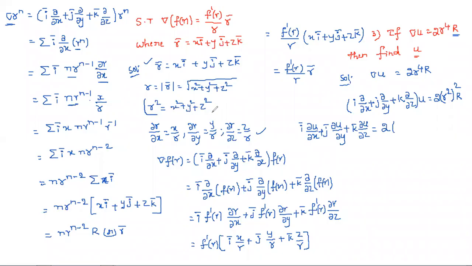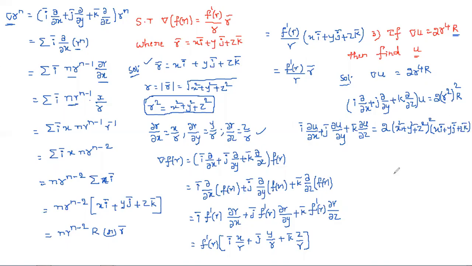So simply we can write 2 into, what about r square? r square is nothing but x square plus y square plus z square, and this whole square, into capital R. Capital R bar is nothing but xi plus yj plus zk.